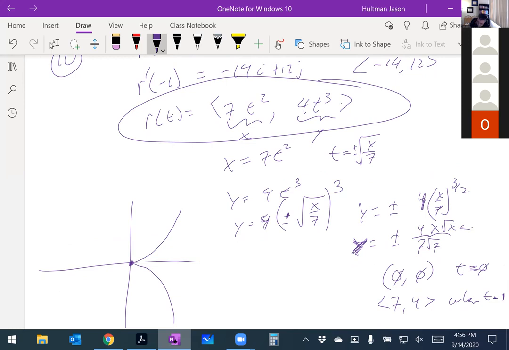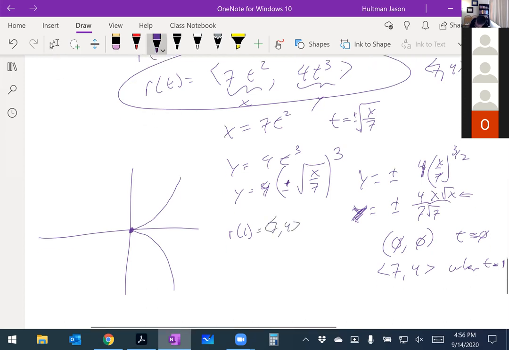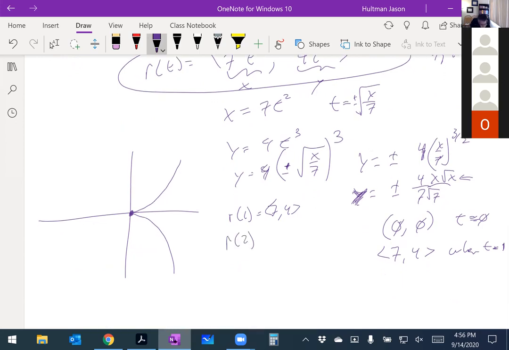So what happens at t equal to +1, where are we at? Well, we would be at 7, 4, right? At r of 1, we're at 7, 4. At r of 2, where are we at?